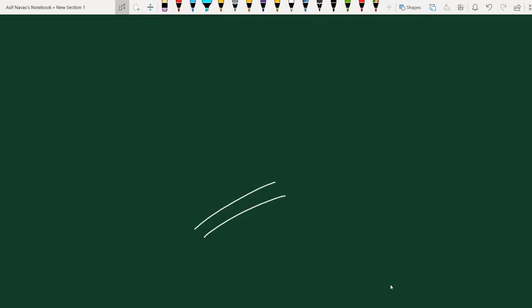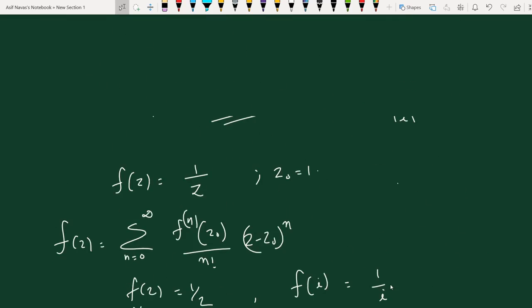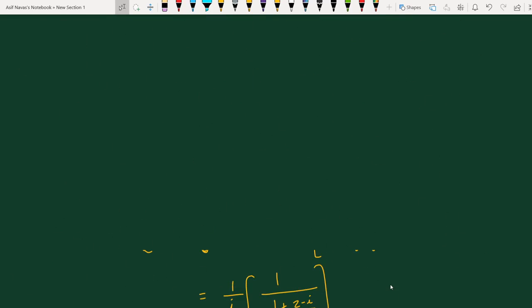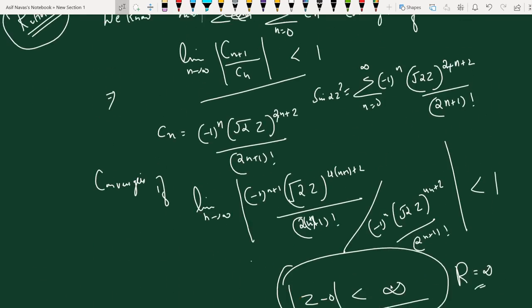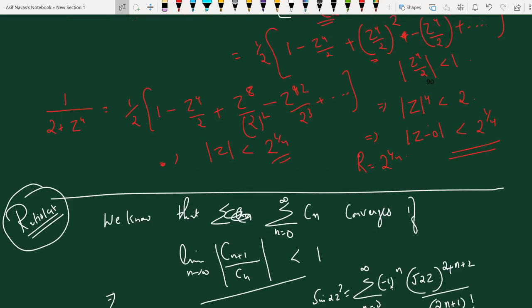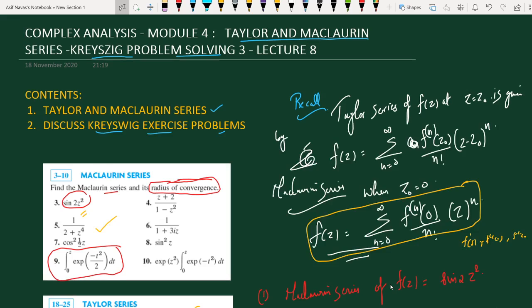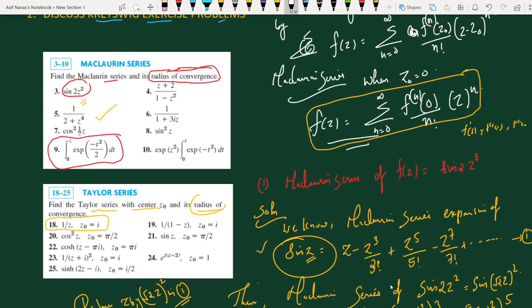Now I will give you a hint of how to do other problems. If you want to do the Maclaurin series of z plus 2 divided by 1 minus z square, we will write this as z plus 2 by 1 minus z into 1 plus z.